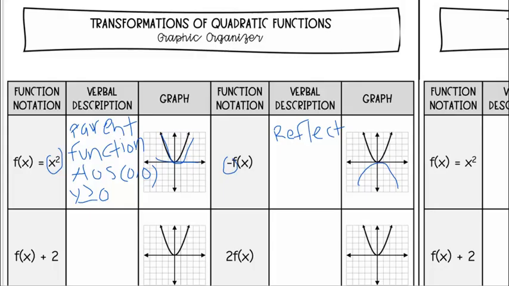It reflects over the x-axis. For the range, it's going to be y less than or equal to 0, the opposite. You see how this is different from this one? You flipped it. So you're just flipping that sign.